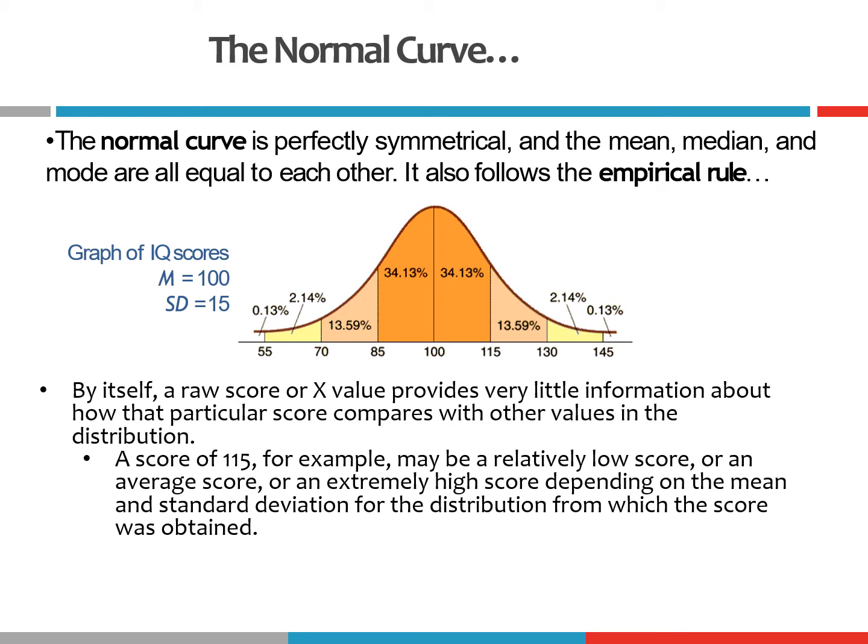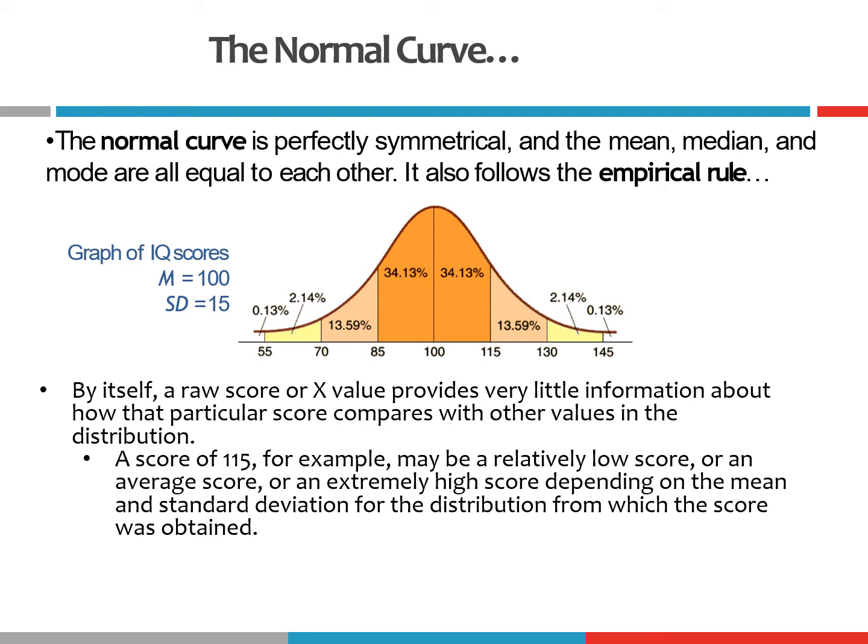So we see here that the mean of the distribution, the sample mean, is 100. It's right in the center there. And that the standard deviation is 15. So we know that a score of 115 is one standard deviation above the mean.